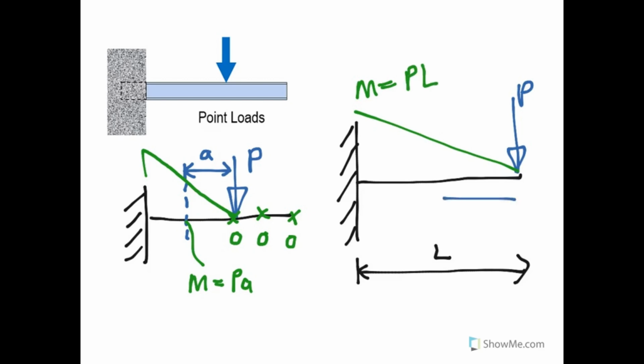Now if you wanted to come any distance A along here, then the moment at that point is equal to PA. The M equals PL is one that you'll get to know off the top of your head. Very easy.